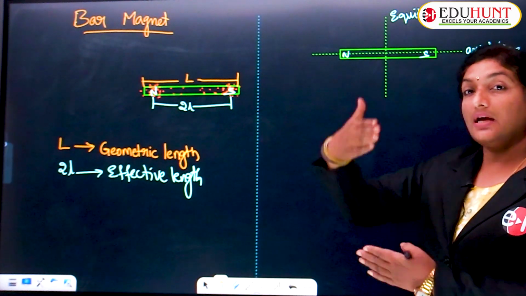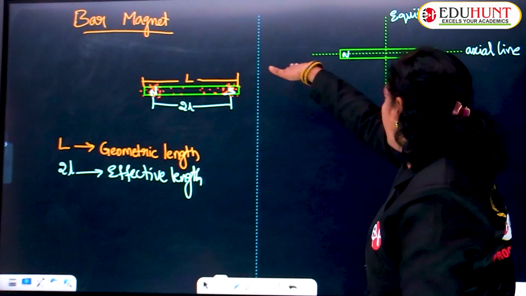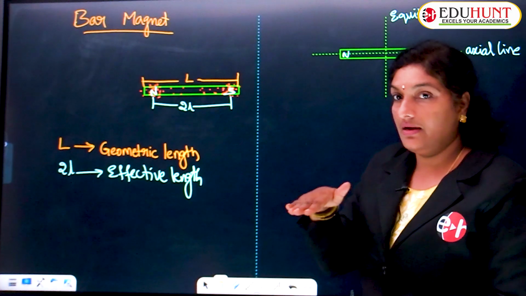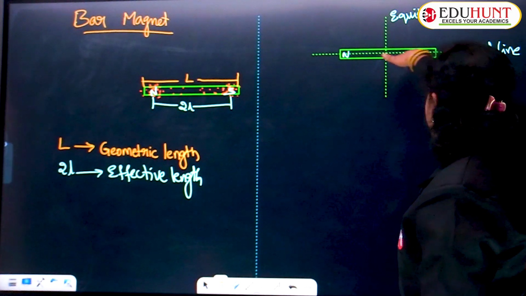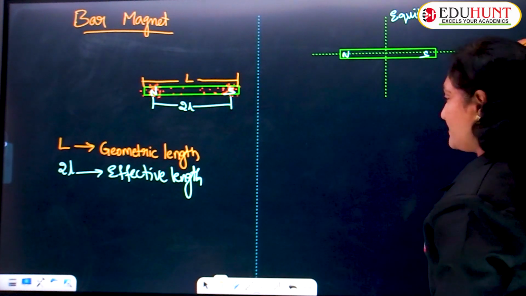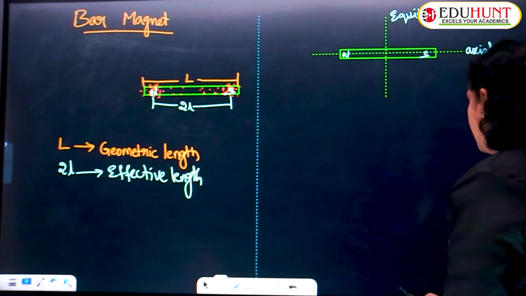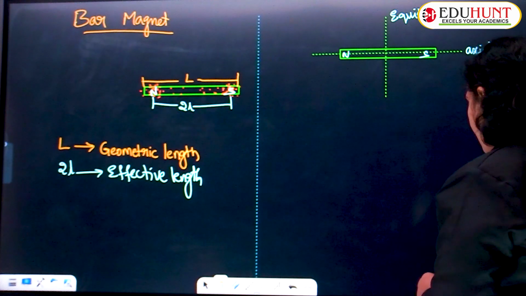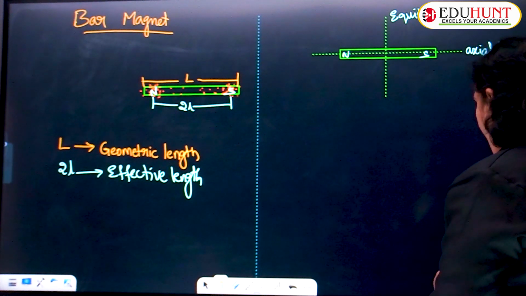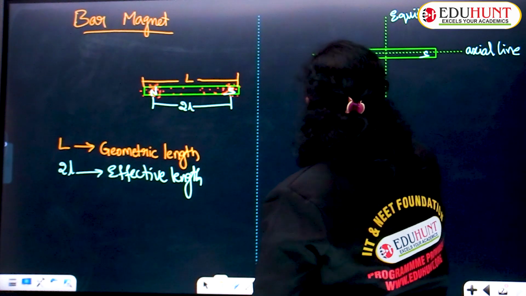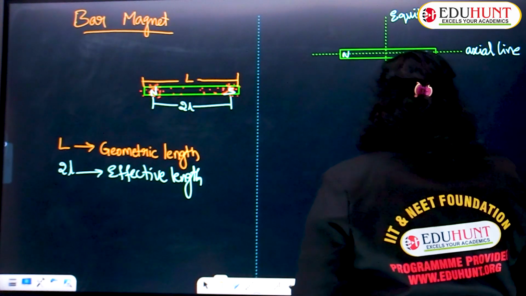But if you consider a plane, children, line is different, plane is different. If you consider the complete plane that passes through the magnetic field, that plane is called the magnetic meridian. Okay, children. So, what is this called?